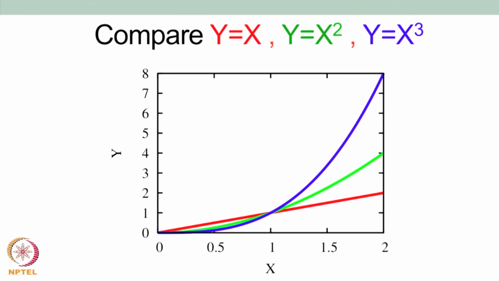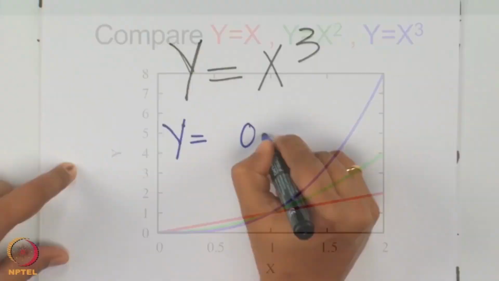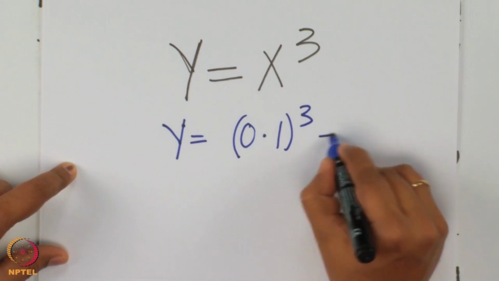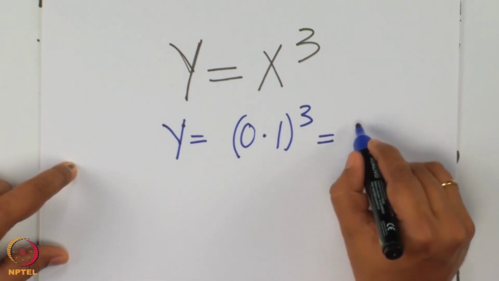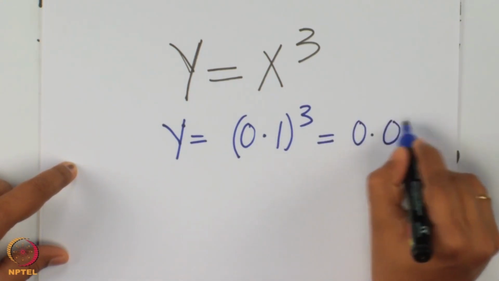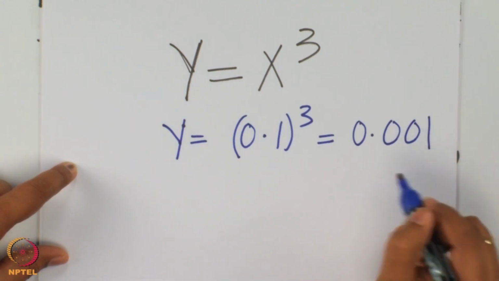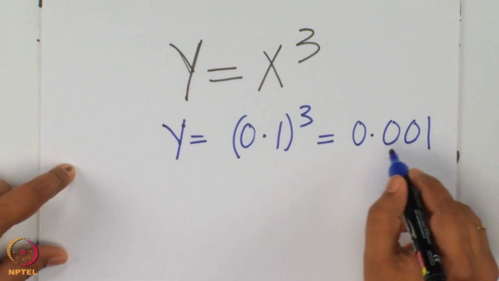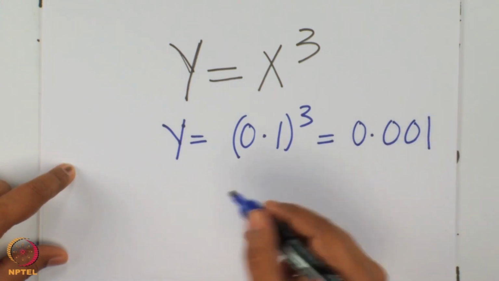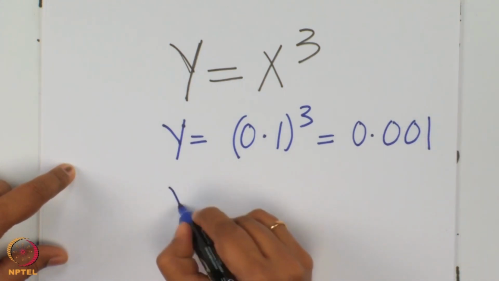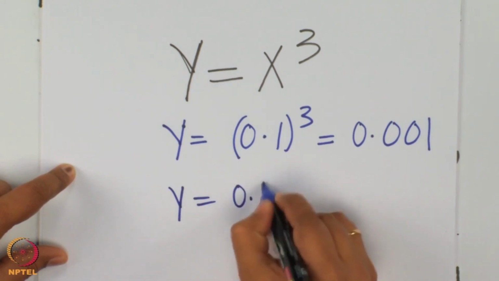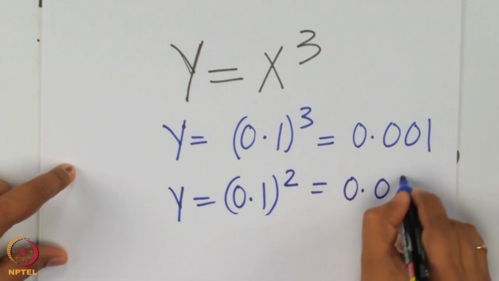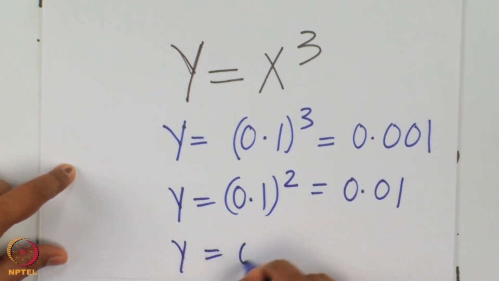So, when y is equal to 0.1 cubed, this is 10 power minus 3, which is 0.001. Now if you have y is equal to 0.1 squared, which is 0.01, and y is equal to 0.1 itself.